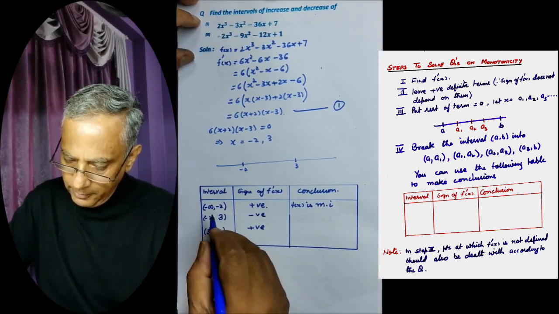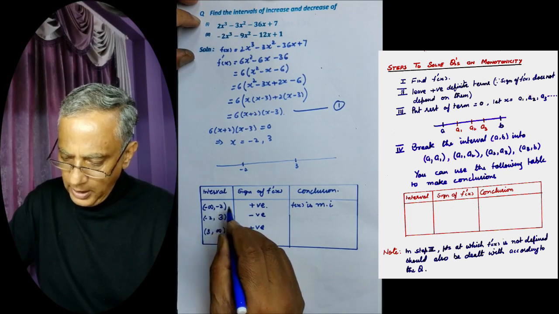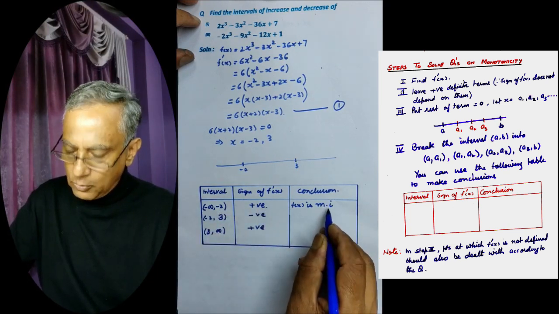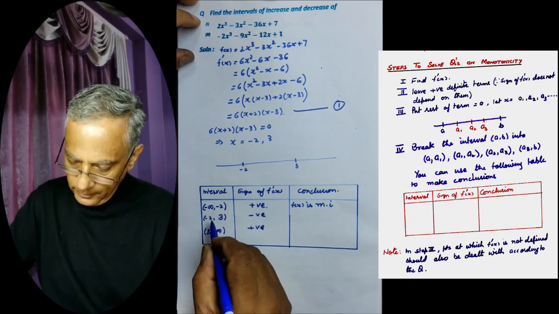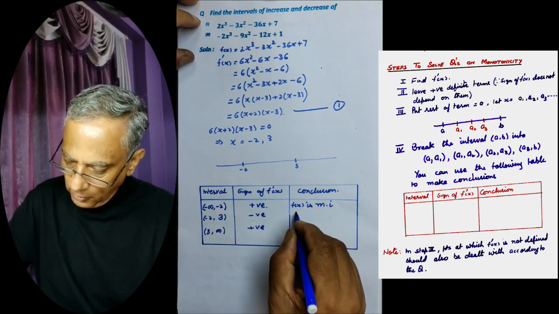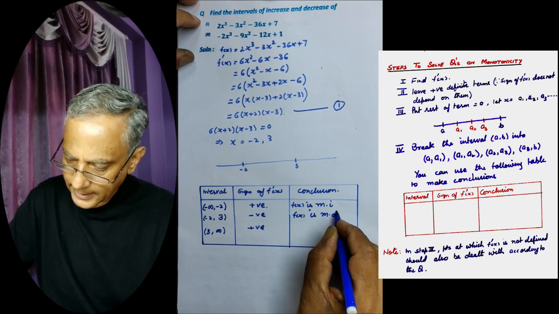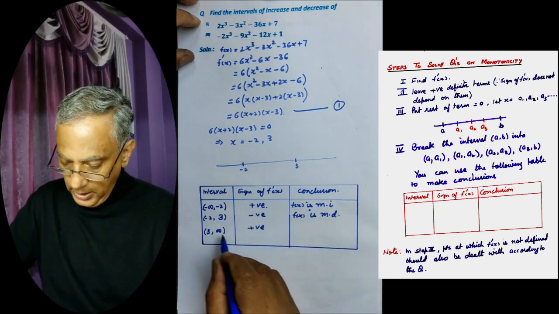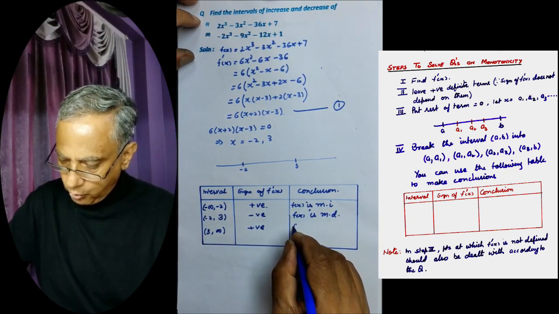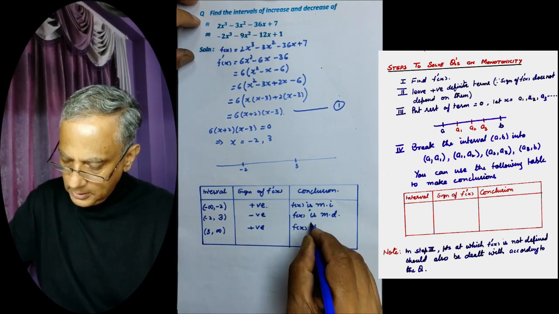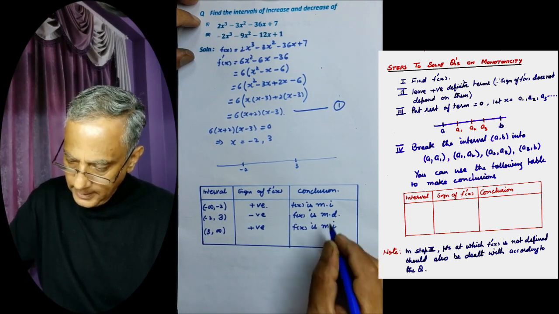Therefore the conclusion will be, since in this interval f dash x is positive, therefore f x is monotonically increasing. In this interval it is negative, therefore f x is monotonically decreasing. In this interval it is positive, therefore f x is monotonically increasing.